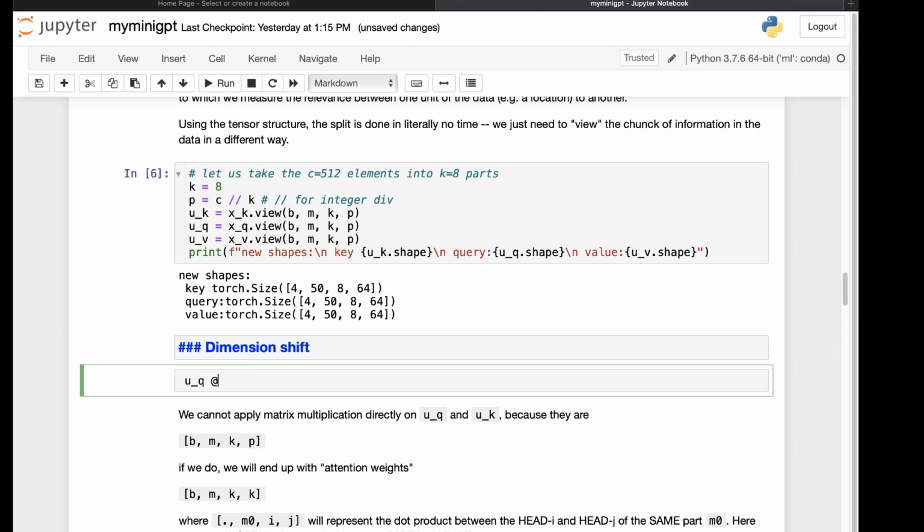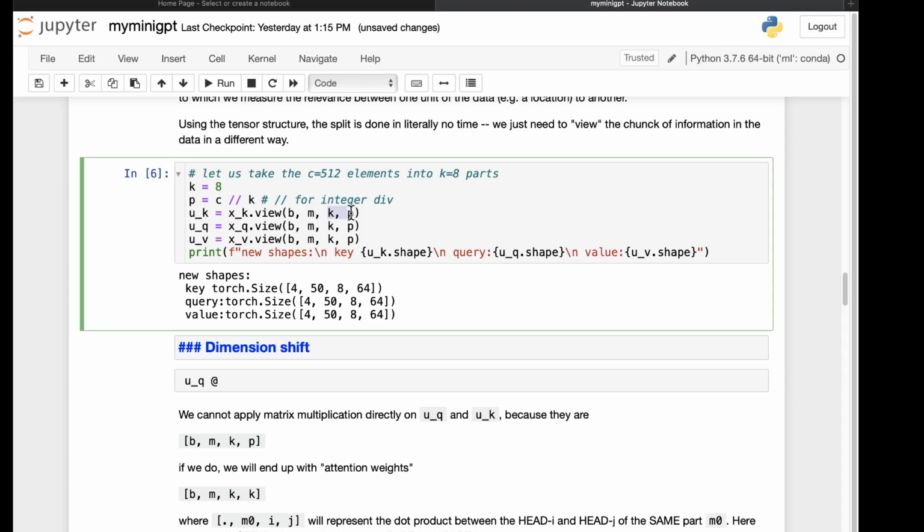We do the matrix multiplication for the trailing 2 dimensions. We have b times m units, and each unit we consider as a matrix. Let's call them entries, because we have already said we have m units in one instance of the data. So for each entry, we consider that as a matrix entry, and the entry is k by p.